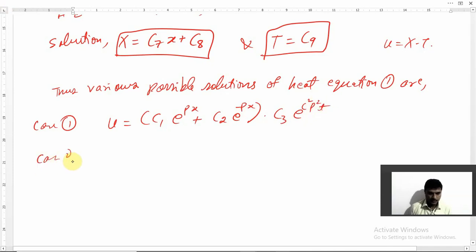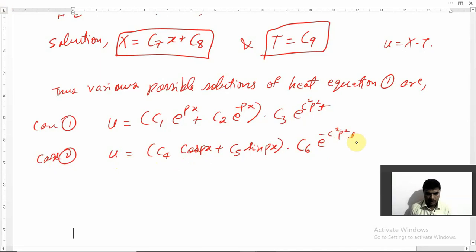Similarly in case 2, u is equal to x into t, so the solution is c4 cos px plus c5 sin px, into t, which is c6 e raised to minus c square p square t.